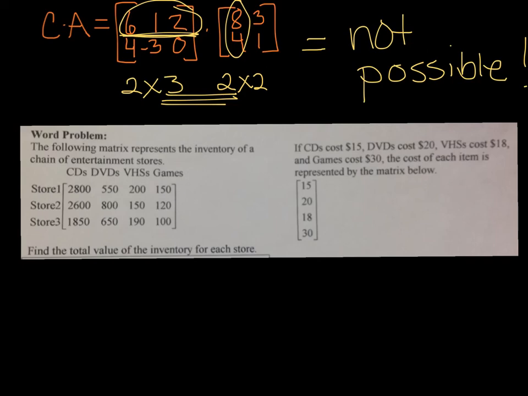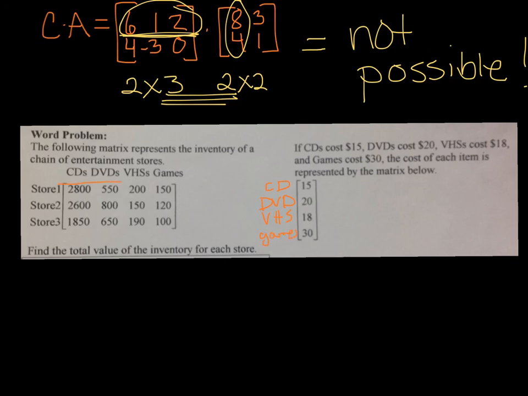We've got CDs, DVDs, VHSs, which nobody buys anymore, and games. Then it also says if CDs cost $15, DVDs cost $20, VHSs cost $18, and games cost $30, the cost of each item is represented by the matrix below. And notice that we've got CDs here, and DVDs here, VHS here, and games here.